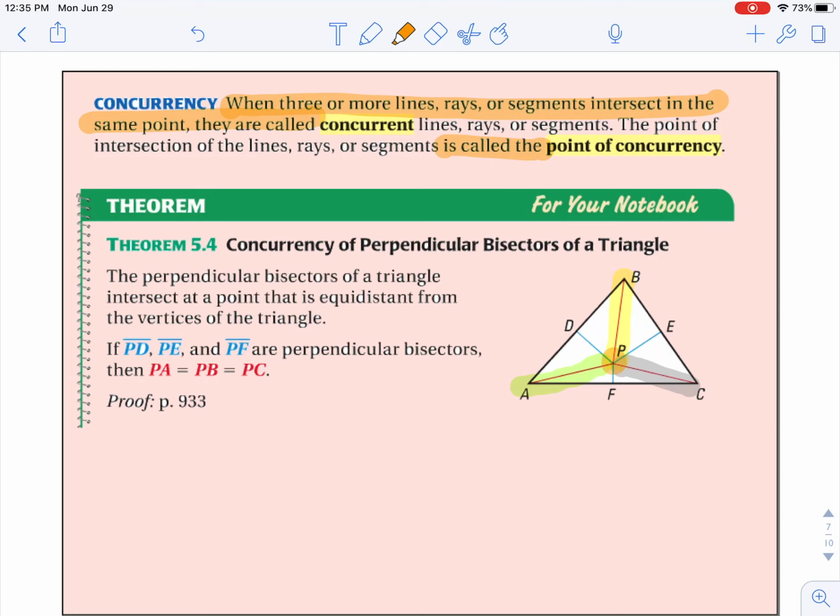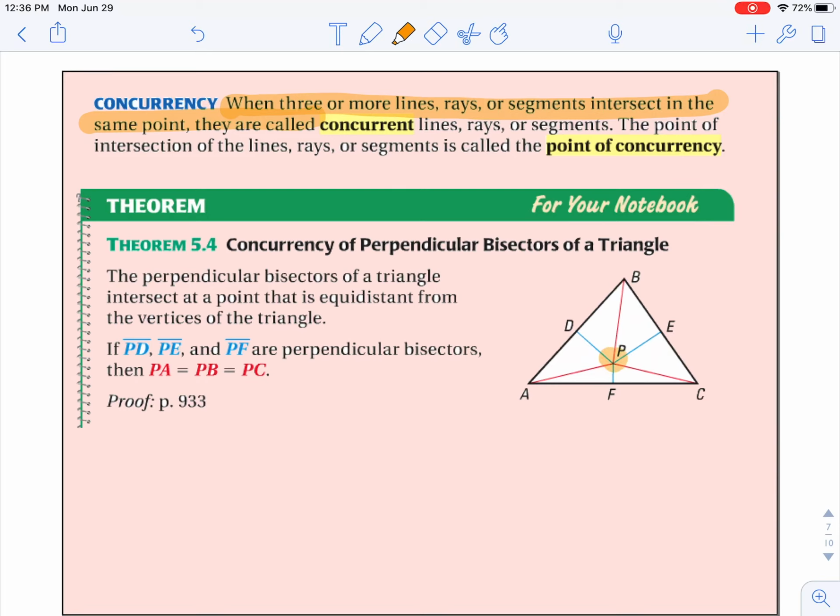If those are all perpendicular bisectors of a triangle, they intersect at a point that is equidistant from the vertices. So that means it is equidistant to each of those vertices. I'm going to go back here and highlight this point again. This P is the point of concurrency.